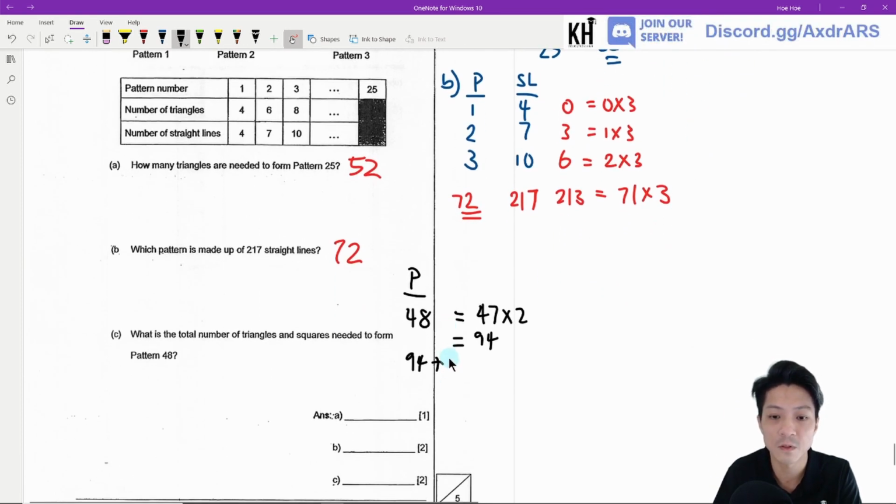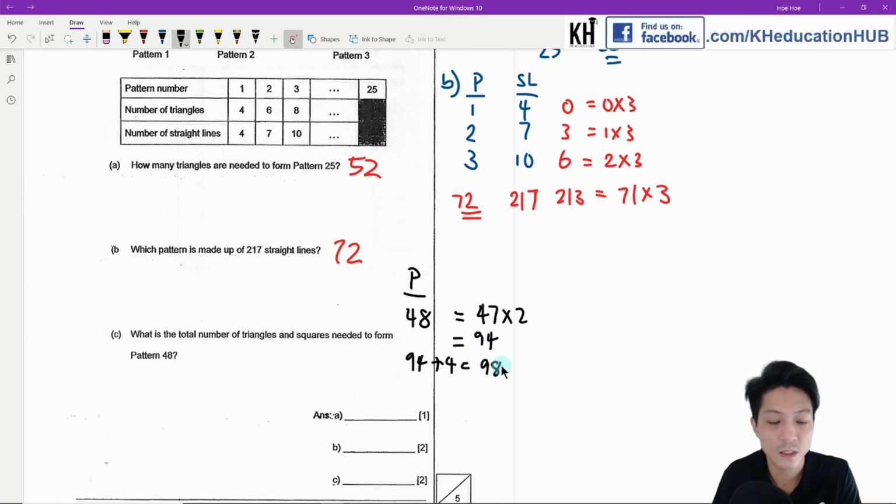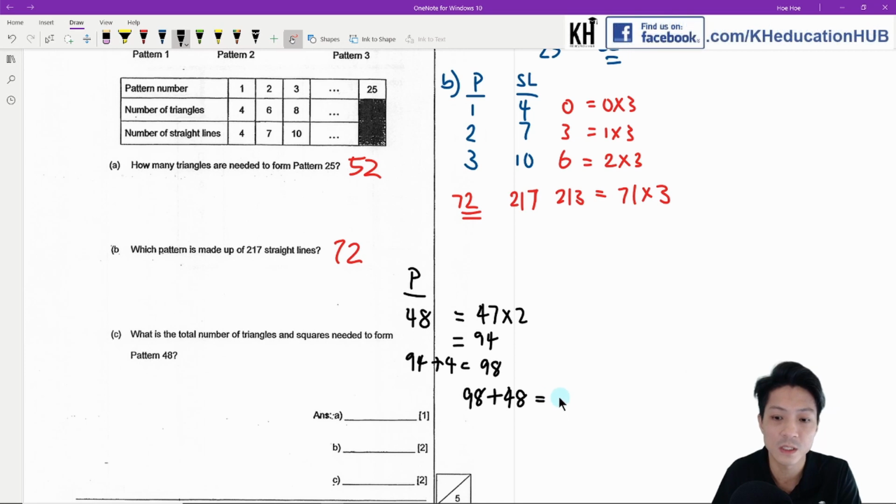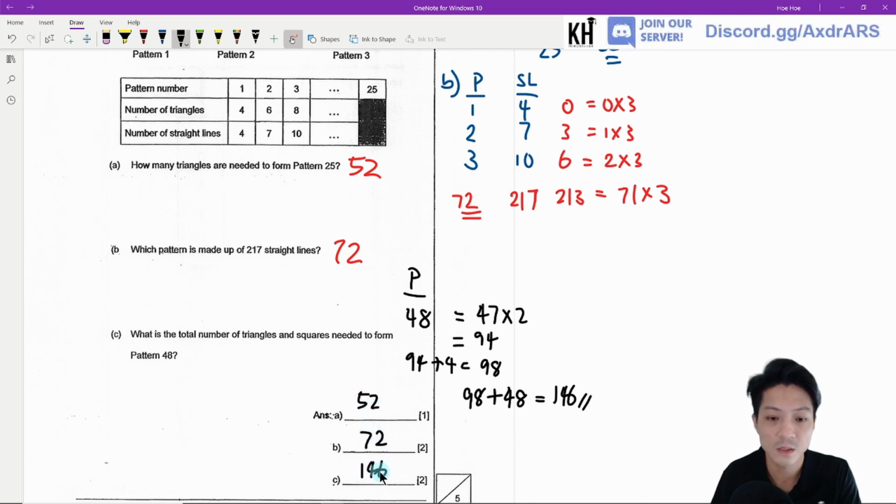Plus 4, so it goes to 98. I still need to add in the number of squares because they're asking for the total number of triangles and squares. 98 plus 48 is 146. So this is 52, this is 72, and this is 146.